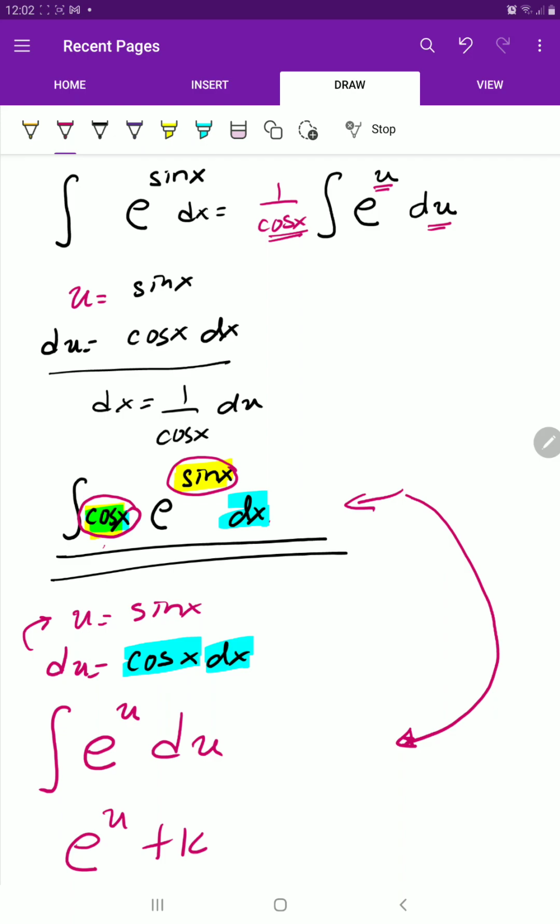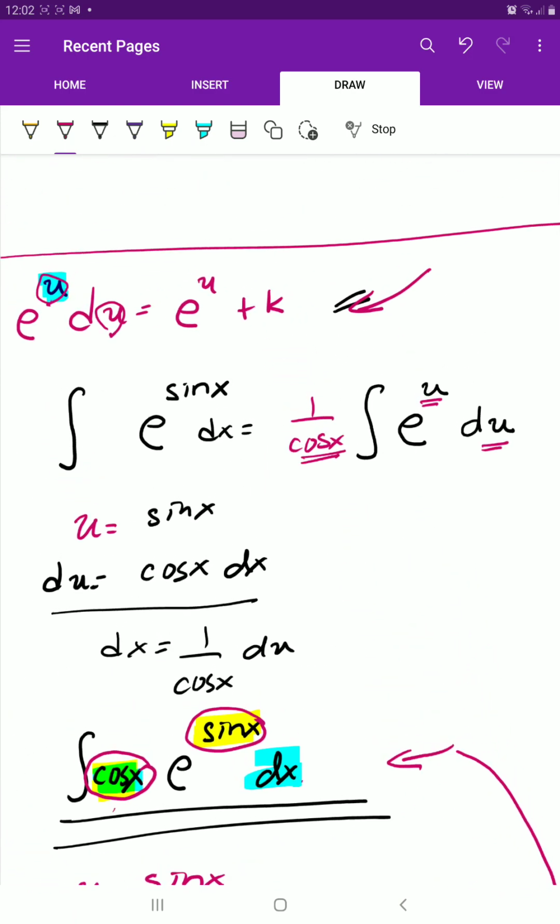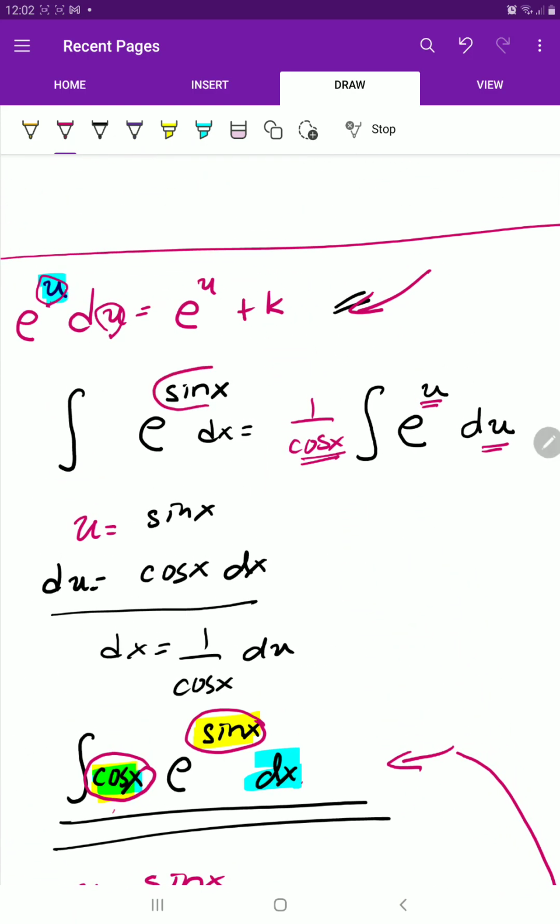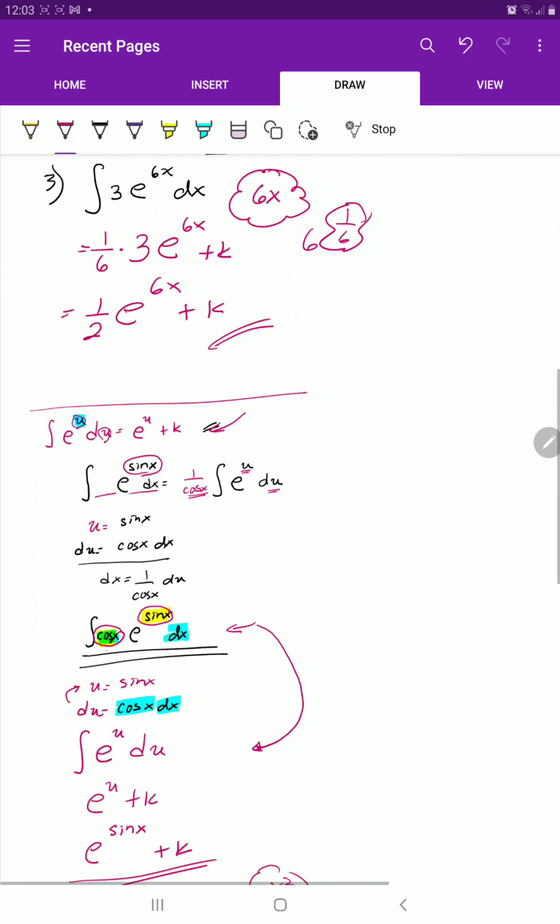If it is not included, then most likely this approach cannot be used. For example, here, that is sine x, but the derivative of that is not included in the remaining question. So therefore, it cannot be solved that way.